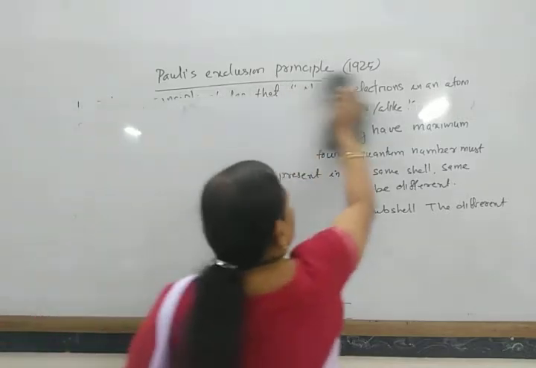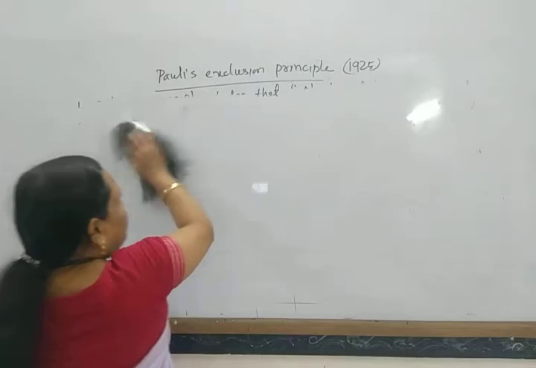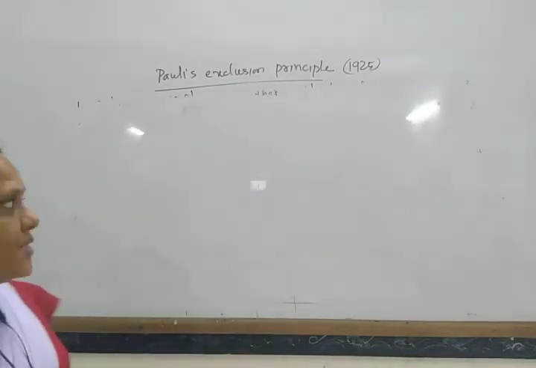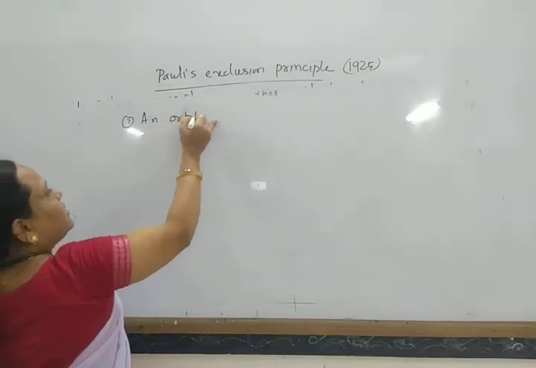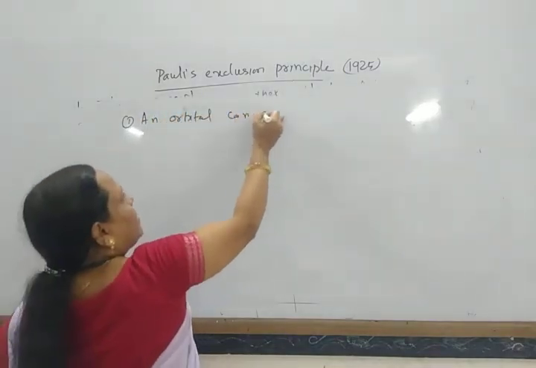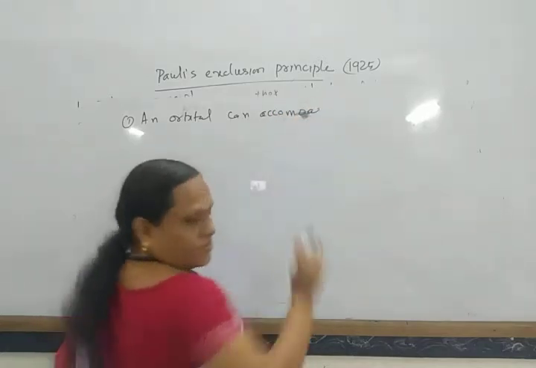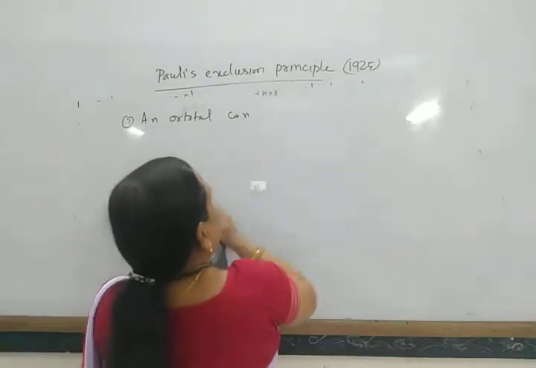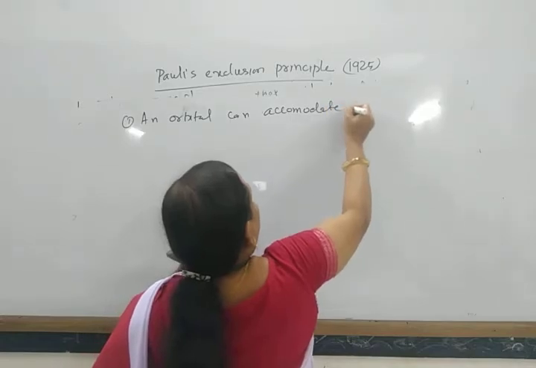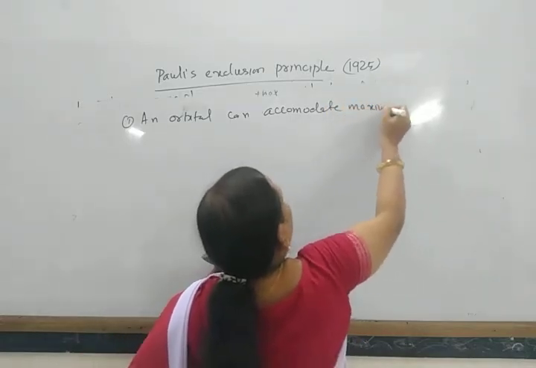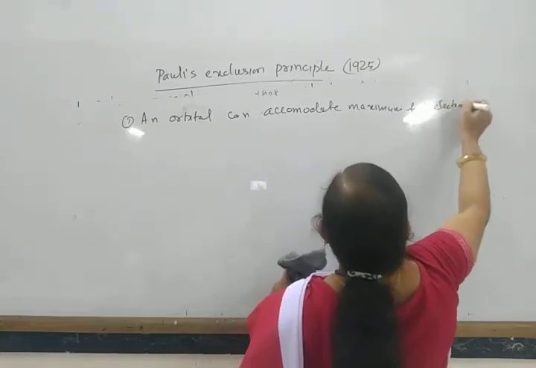What is the conclusion? Number 1, an orbital can accommodate a maximum of two electrons.